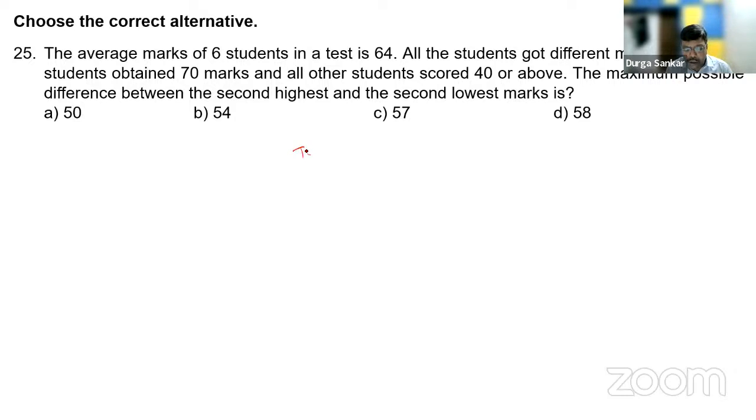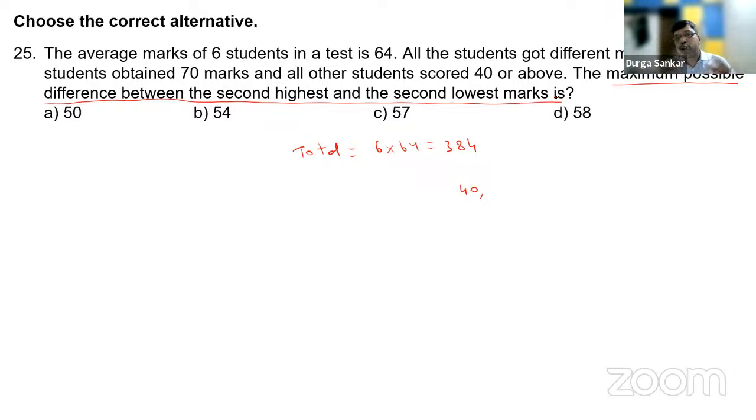So the total score of these 6 students is 6 into 64, 360 plus 24, 384. Now, the lowest score can be 40. The second lowest... Now, I want the maximum possible difference between the second highest and the second lowest.